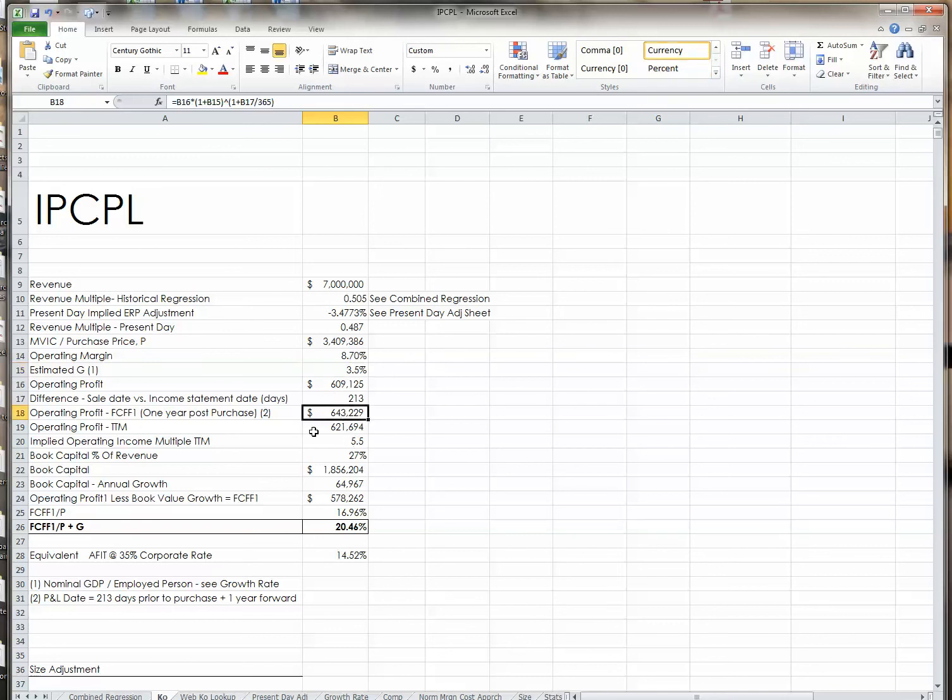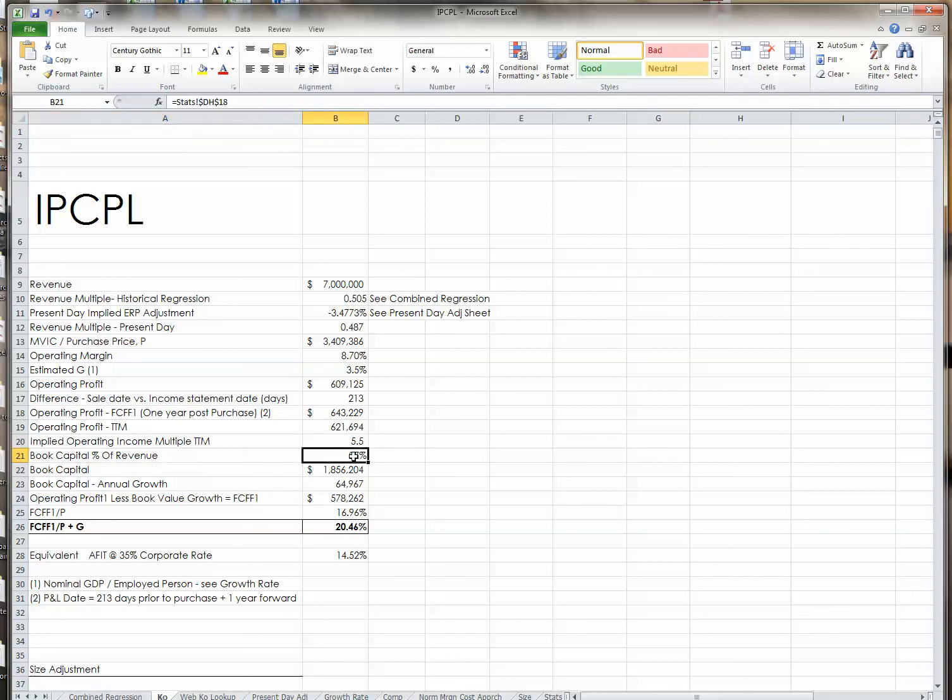So with 643,000 of profit in the 1 year forward, we need to convert that to free cash flow. Free cash flow is, of course, less than profit because you're growing and it's consuming working capital and fixed assets and other book items.